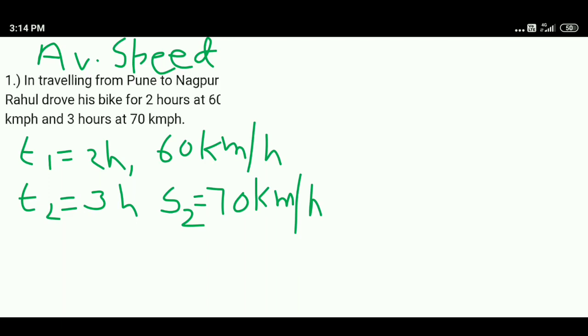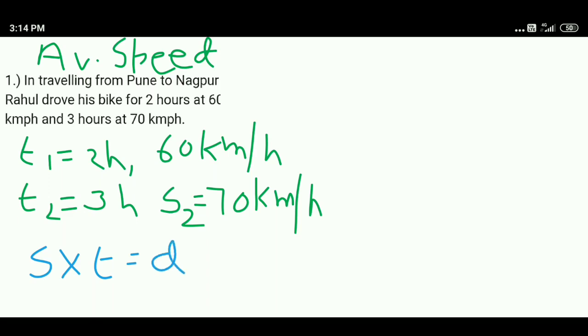Now what is the average speed? Finding average speed is the total distance by total time. Where is the distance? We will find it. See, speed multiplied by time will equal distance.